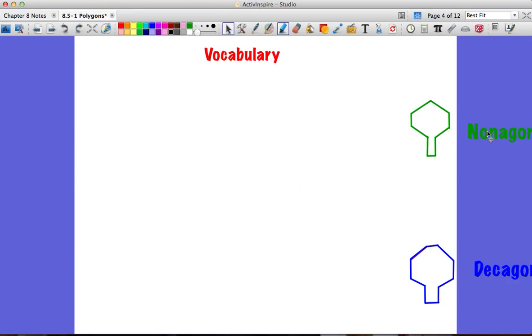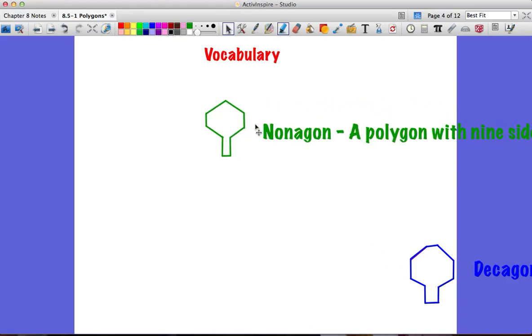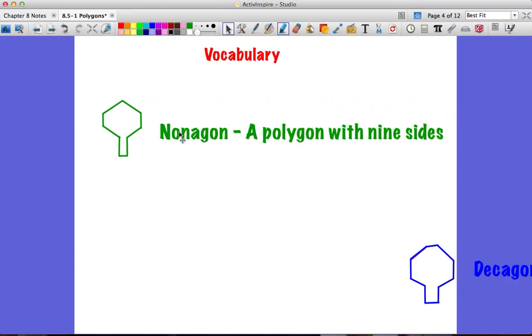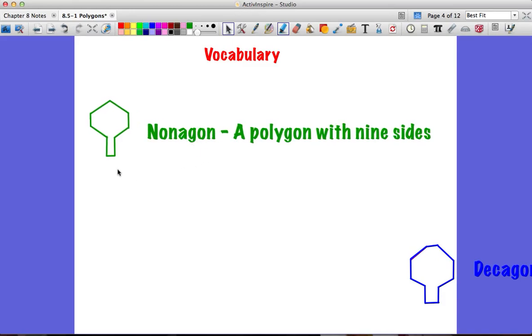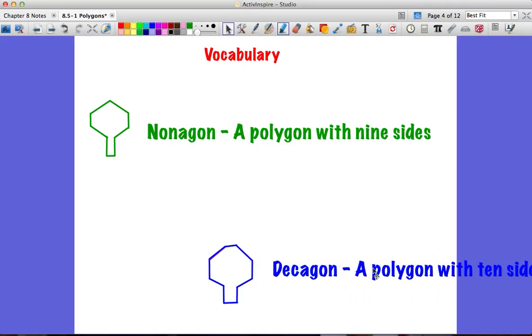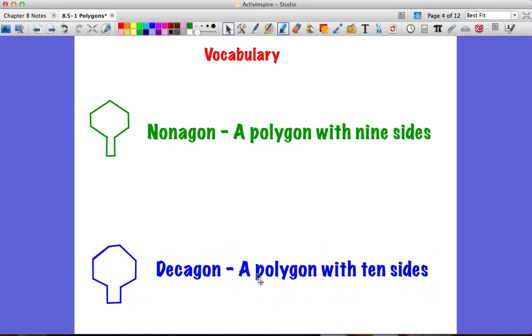A nonagon. A nonagon is a polygon with 9 sides. And then we have a decagon, which is a polygon with 10 sides. Just like a decade has 10 years, a decagon has 10 sides.